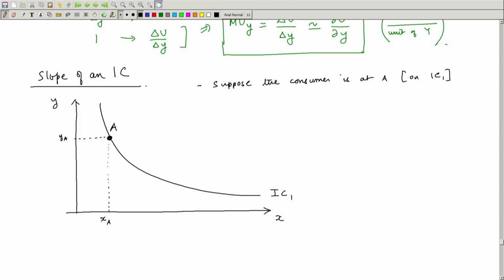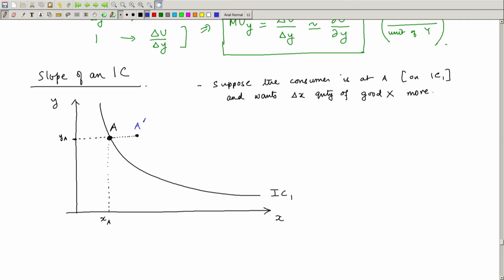Now, suppose the consumer is at A and wants delta x quantity of good x more, right. So, suppose the consumer says I want to consume delta x quantity of good x more. Now, keeping the quantity of good y the same, if you are going to give the consumer delta x quantity of good x more, right, you are going to take him to a new point A prime, right.